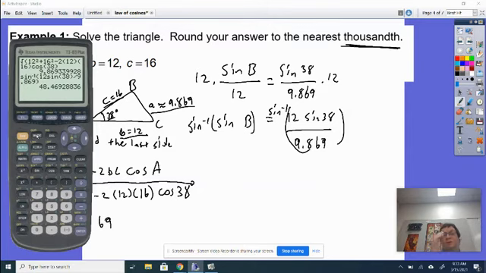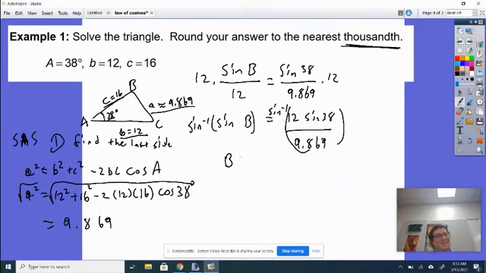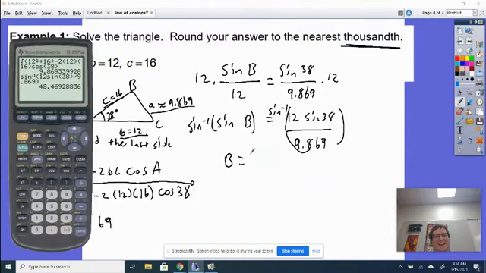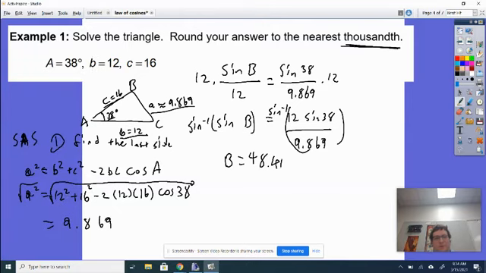Oh, no, that's right. Okay. Sorry, I was thinking I was finding a side for a second. That's right, that's an angle. Okay, 48.469. And then at this point, 180 trick. So 180 minus 38 that we had from the start, minus the one I just found.